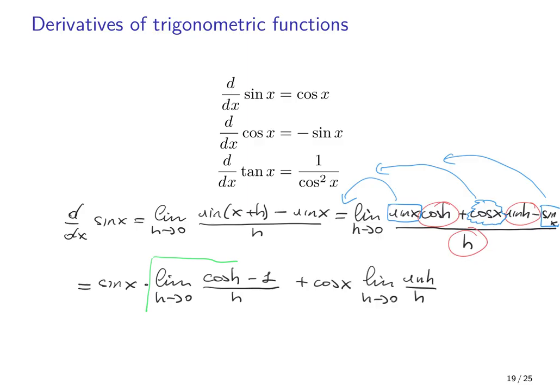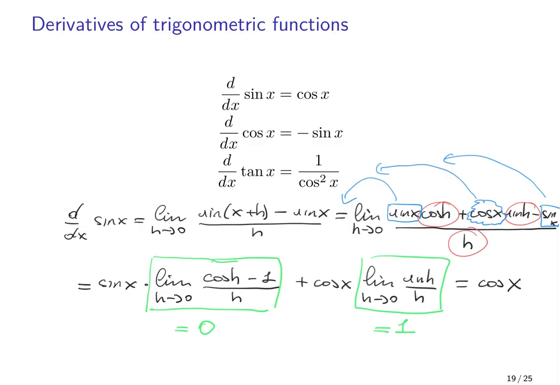These are the limits where I asked you last time to just memorize these things. In particular, the limit of sine h over h as h goes to 0 is equal to 1, and the other limit is equal to 0. What are you left with? You are left with cosine x. Okay, so that shows you the first rule.